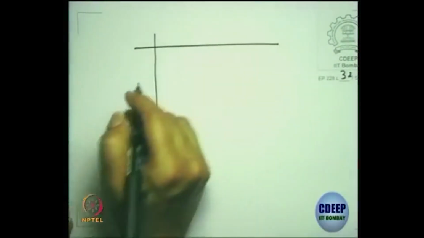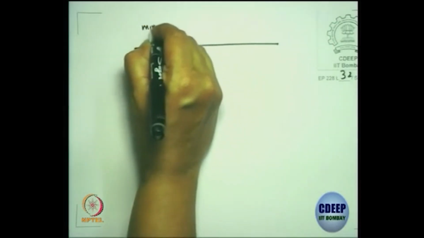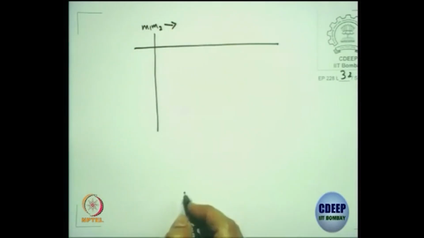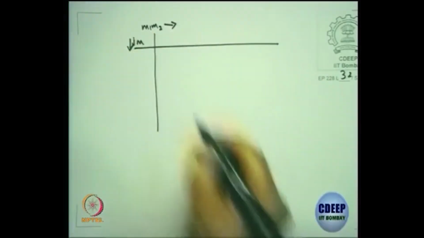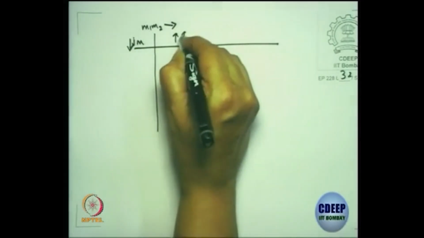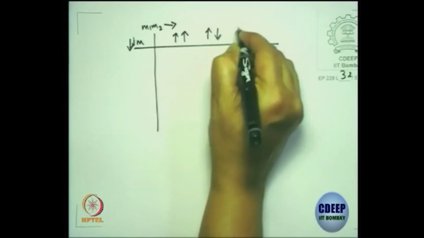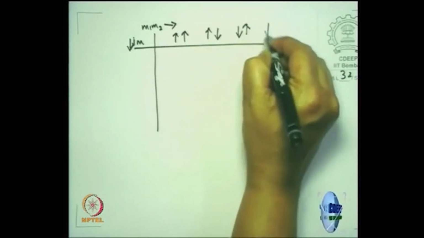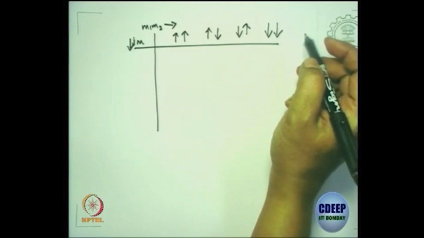You have to help me. So I am going to put M1, M2 on this side, and on this side let me put J and M. So M1, M2 is up up, up down, down up and down down. Clear?